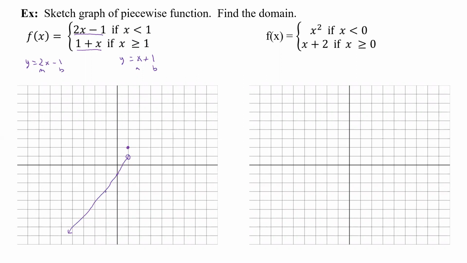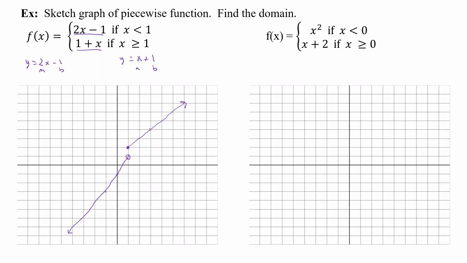We just had to plug in that 1 here, and 1 plus 1 is 2. And so that's the first point. And we just go up by 1, over by 1, up by 1, over by 1, up by 1. And so then we just follow that line sort of like this. And so that's our piecewise function. It's going to be equal to this one for x less than 1. But once x is greater than or equal to 1, we have this function drawn.